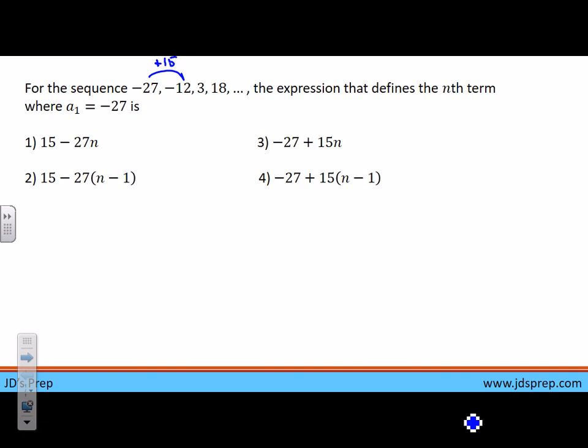If I go from the -12 to the +3, I also add 15. There's -12 plus 15 will give me 3. And similarly, 3 plus another 15 will give me 18.